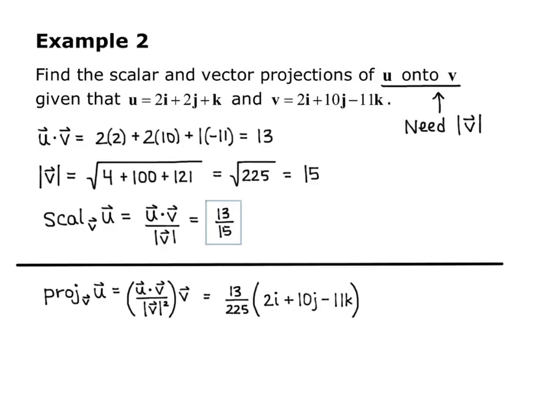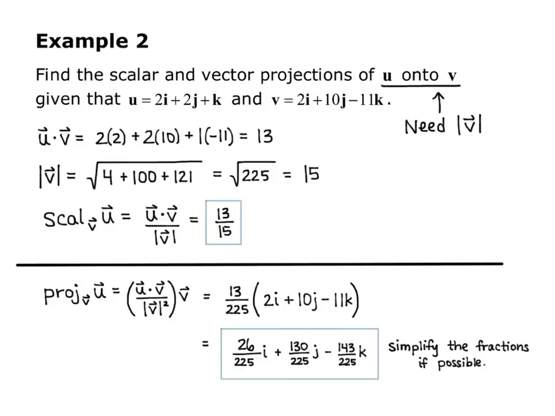I multiply 13 over 225 times 2i plus 10j minus 11k, and I distribute, so I get 26 over 225 i plus 130 over 225 j minus 143 over 225 k. And then, of course, when you're giving your answer, you want to simplify the fractions if possible. In this case, the 130 over 225 j could simplify, and you want to check each of your fractions to see if they could simplify.